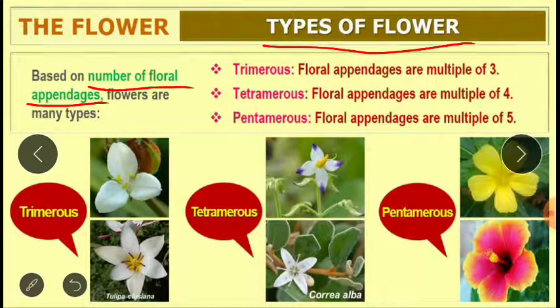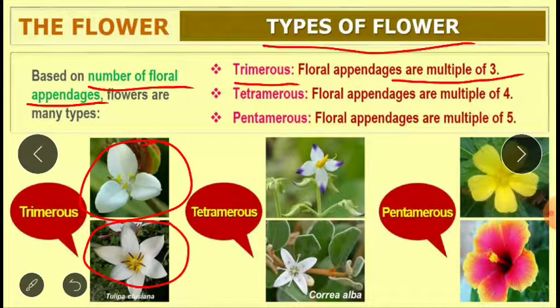First is the trimerous flower. Trimerous flowers means the petals and the sepals are in multiples of 3. So as you can see here, they are 3 or in multiples of 3, that is 3, 6, 9. This number of petals are there.